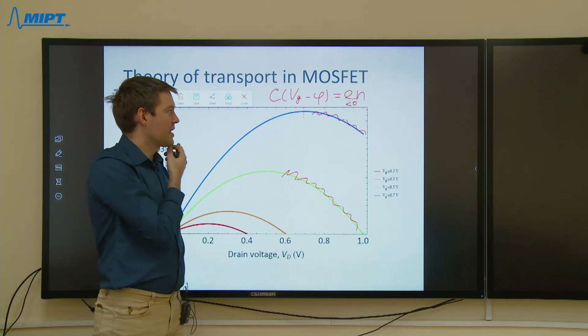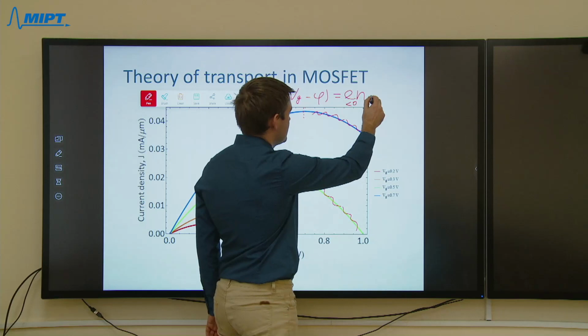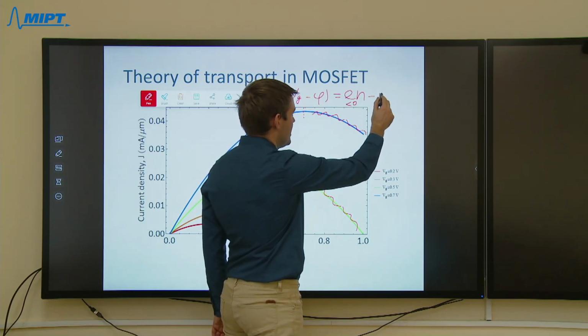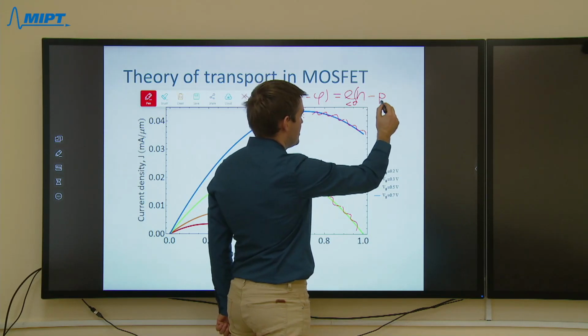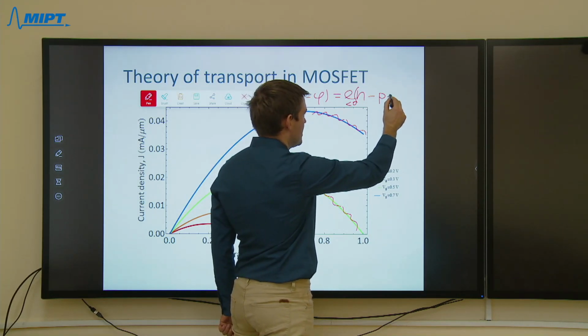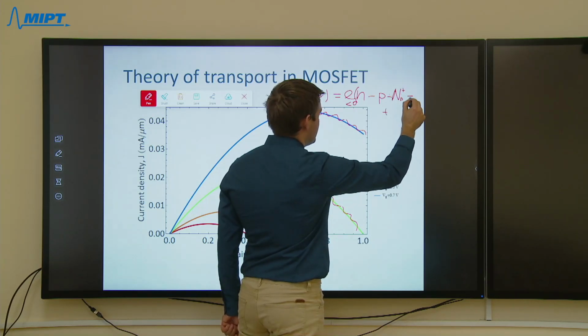This is where it becomes invalid, and this invalidity is simply fixed when we add holes, donors, and acceptors.